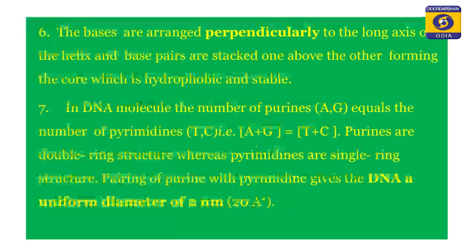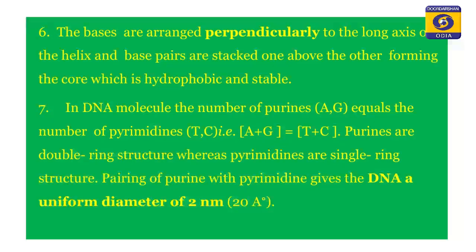Next, the bases are arranged perpendicularly to the long axis of the helix. This is important. The sugar phosphate backbone is on the outside and the bases are attached to the sugar phosphate backbone, particularly the sugar, in a right angle manner. So, that is why they project in a right angle manner from the sugar phosphate backbone, and the base pairs stacked one above the other form the hydrophobic core, and that adds to the stability of DNA.